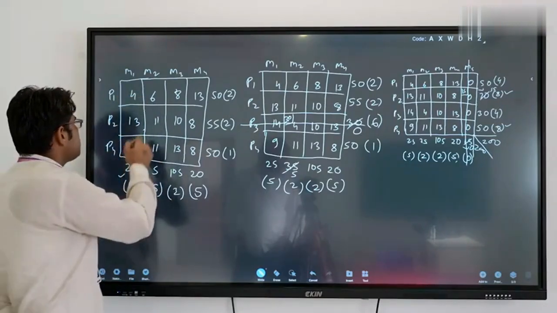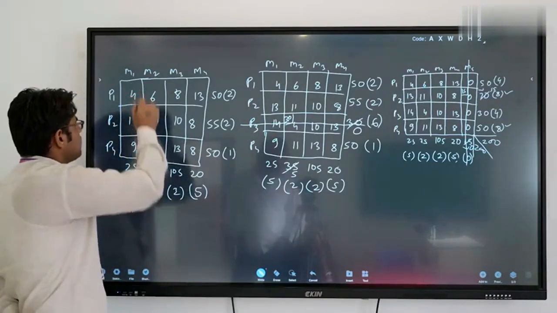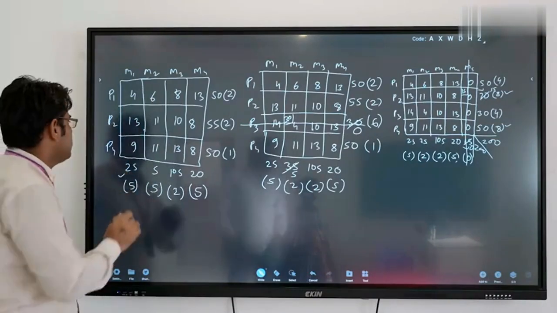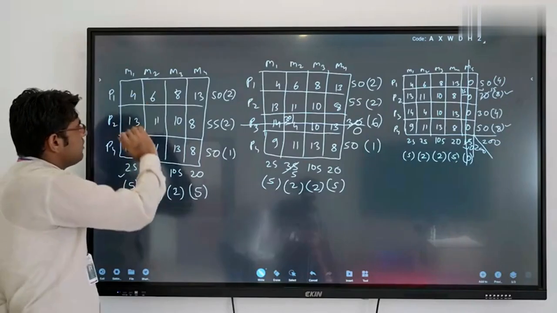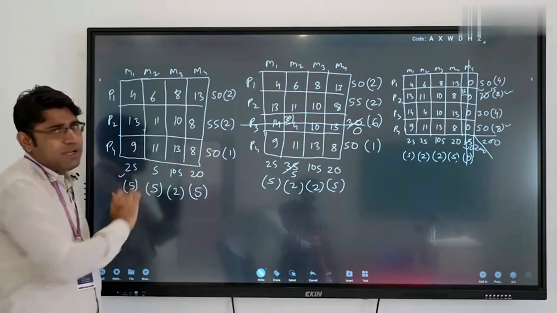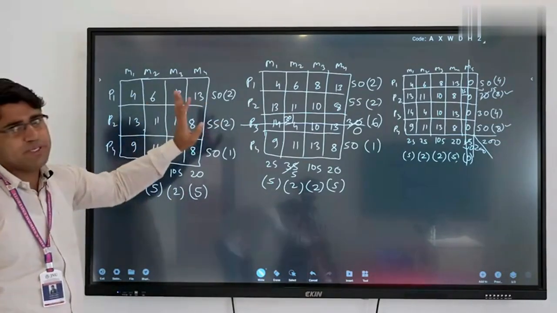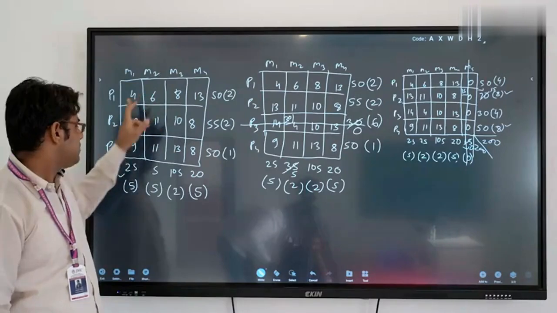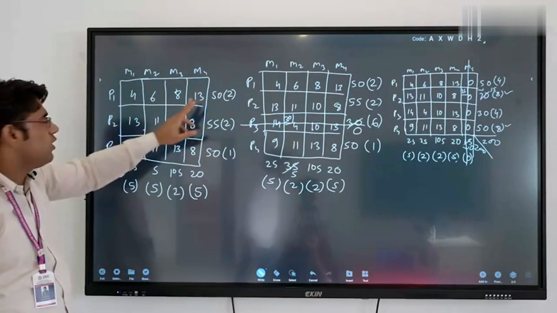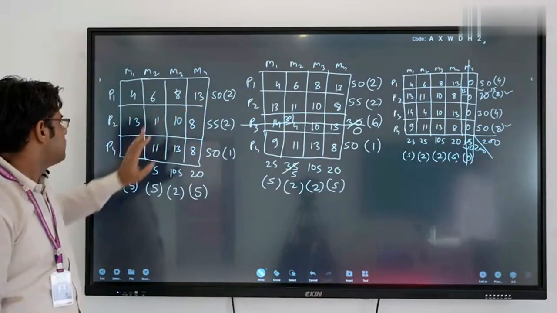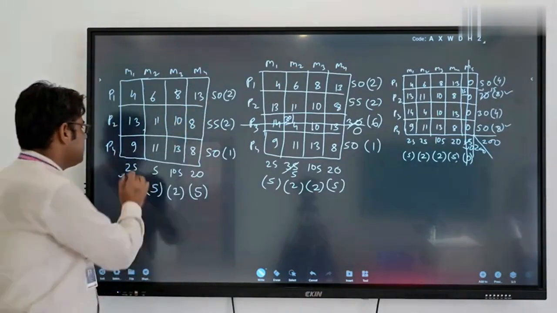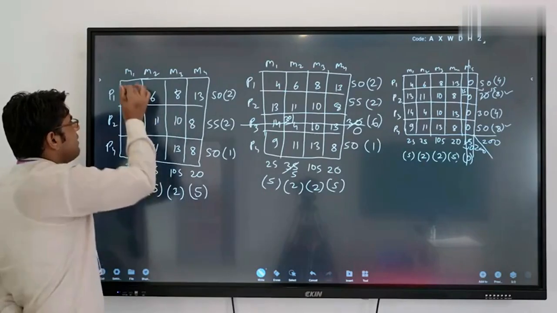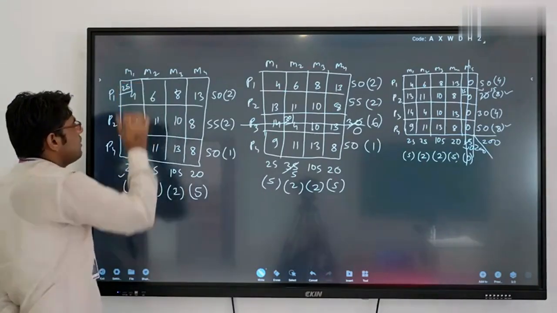The smallest cost cell entry is 4. So for the availability of this 4, demand is 25 and supply is 50. So we allocate the minimum of 25 and 50, which is 25. So allocate here 25.